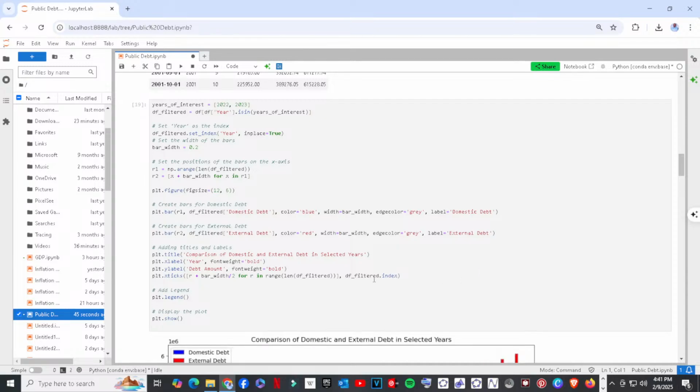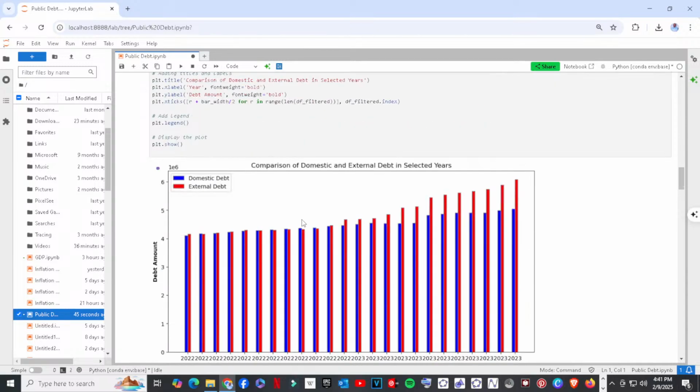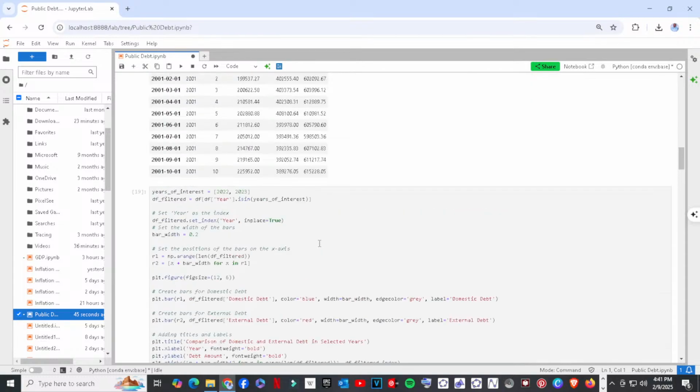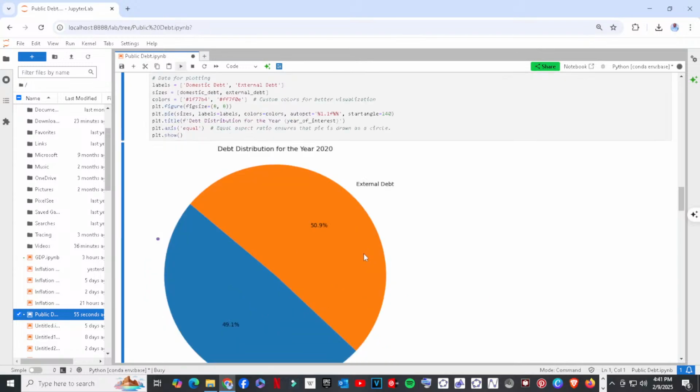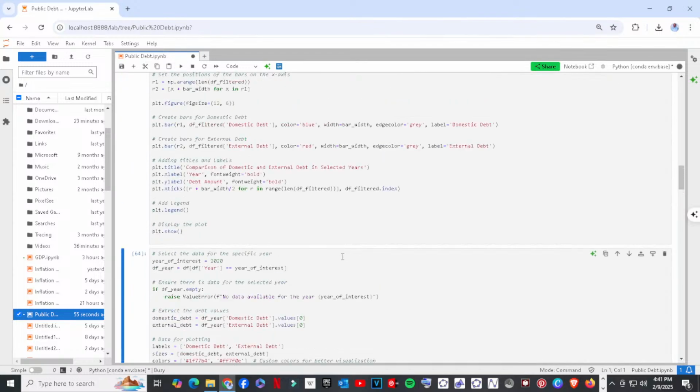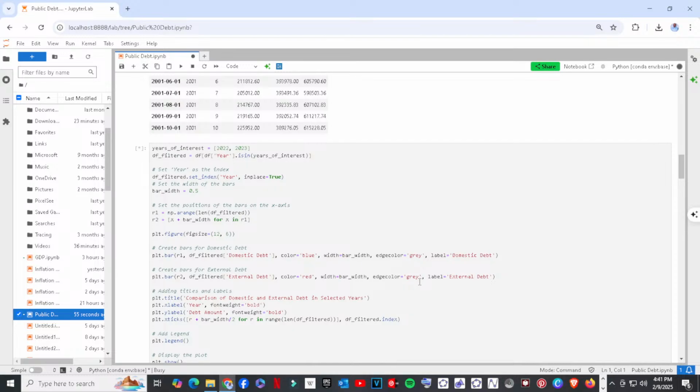Yeah, it's here. This is what we have, and I should make the curves a little wider. So let me increase it to say 0.5, so that they are a little wider now.